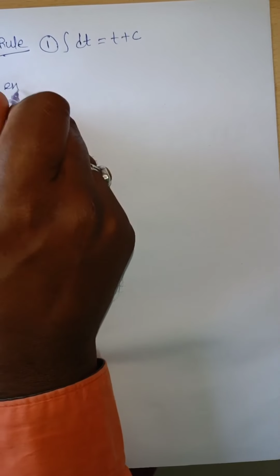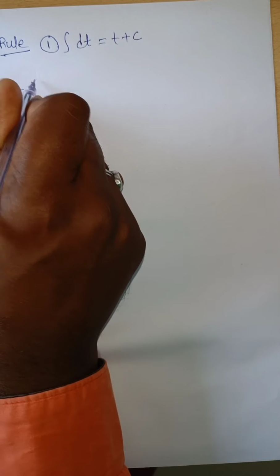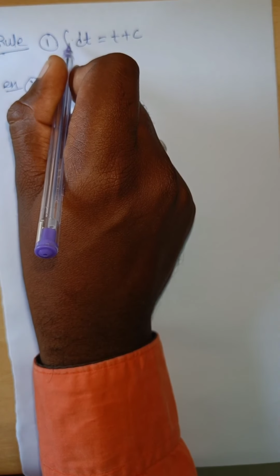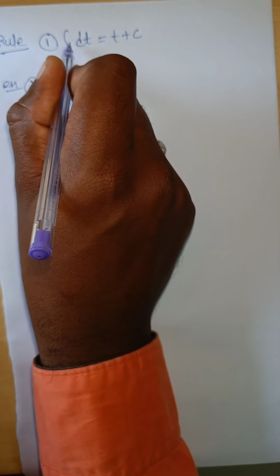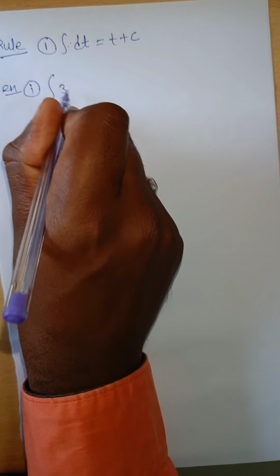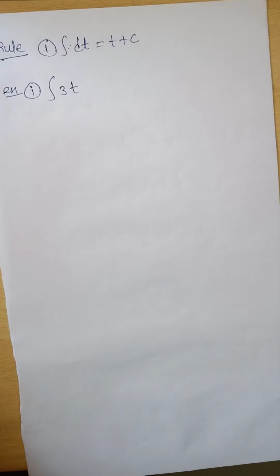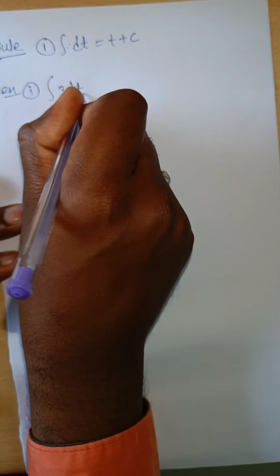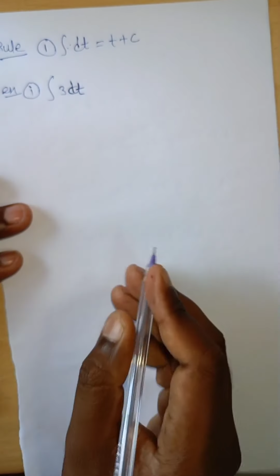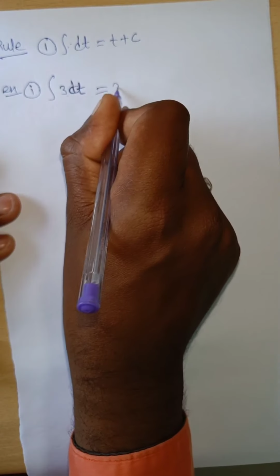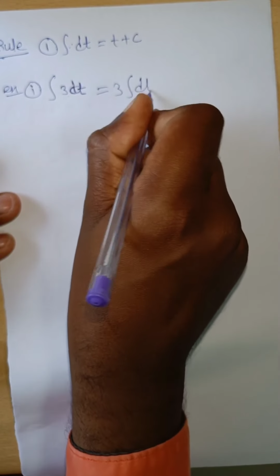Now, for example, number 1: integration of 3 dt. We take 3 outside as a constant, so 3 into integration of dt.